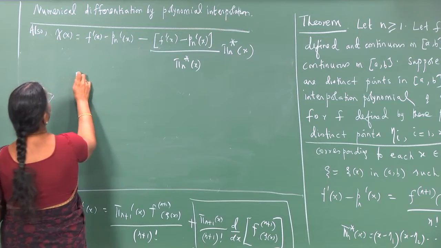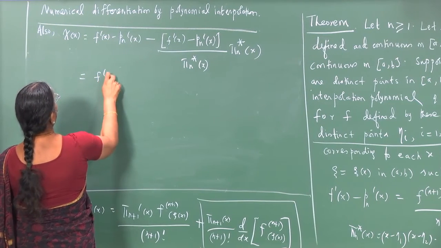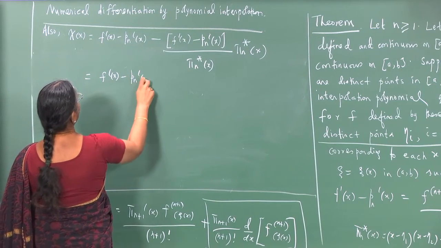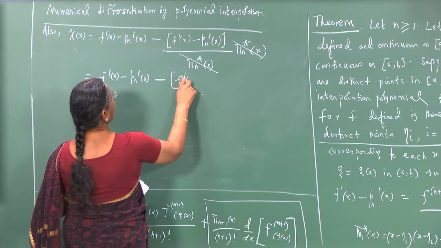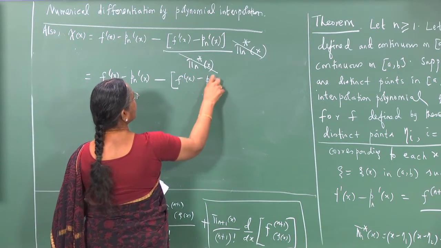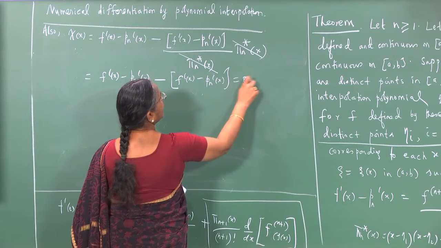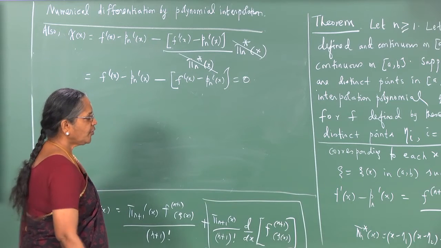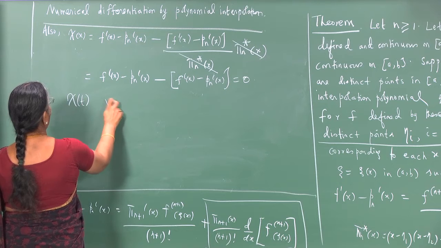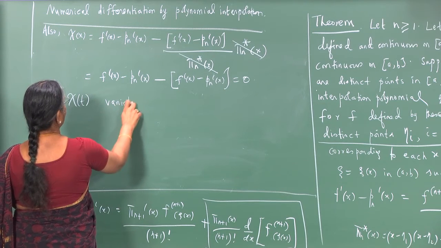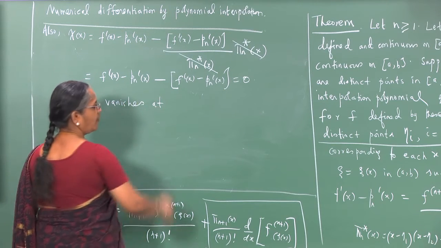So, I observe that this is f dashed of x minus p n dashed of x minus f dashed of x minus p n dashed of x. So, this is again 0. So, you observe that this function chi vanishes at how many points?